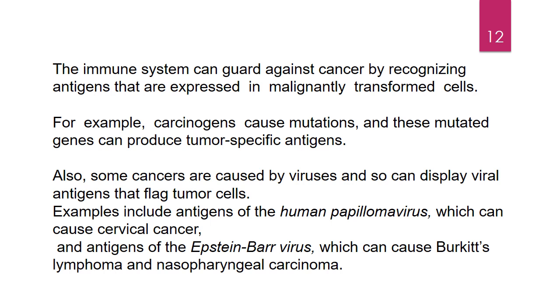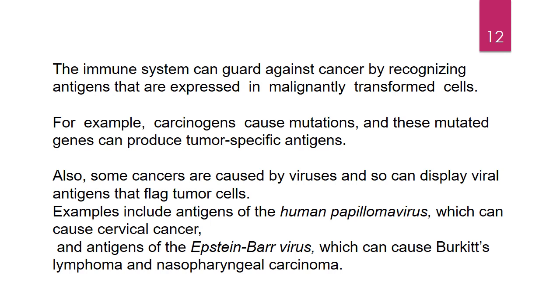The immune system can guard against cancer by recognizing antigens that are expressed in malignantly transformed cells. For example, carcinogens cause mutations, and these mutated genes can produce tumor-specific antigens. Also, some cancers are caused by viruses and so can display viral antigens that flag tumor cells.